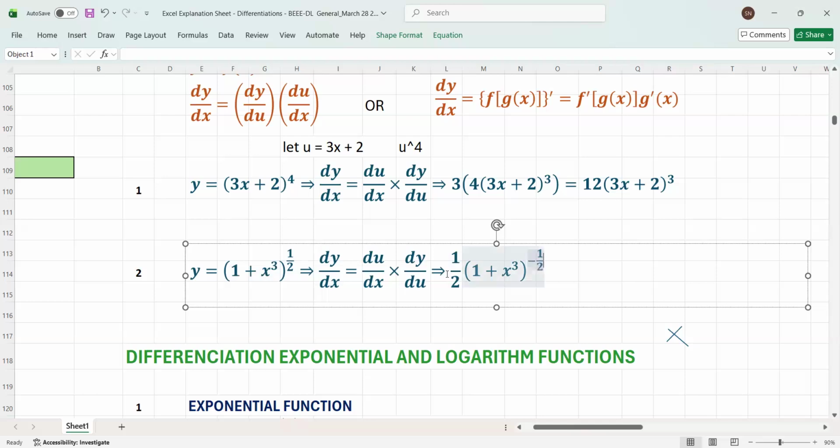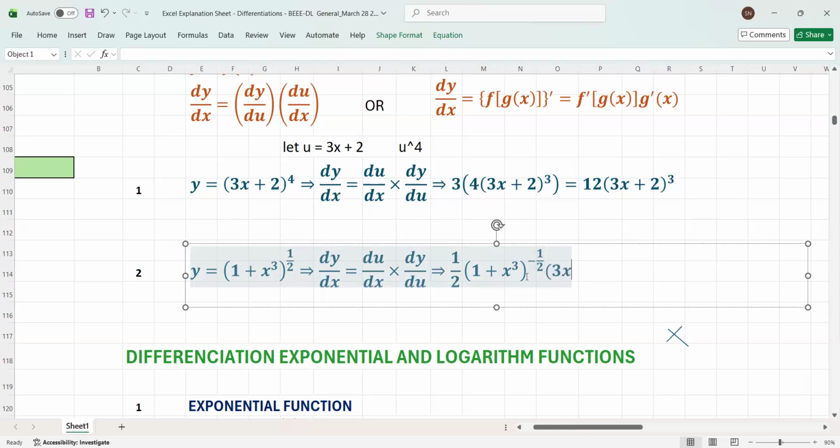Okay. So the first part of the work is I differentiate this function with respect to the power. The power comes to multiply and then reduce the power by 1. Now I have 1 plus x cubed. Differentiate this with respect to x. So if I differentiate this function with respect to x, what will I get? Is it not 3x squared?